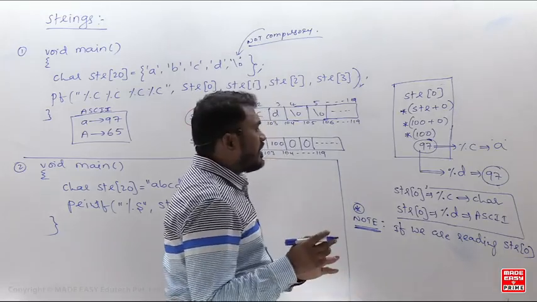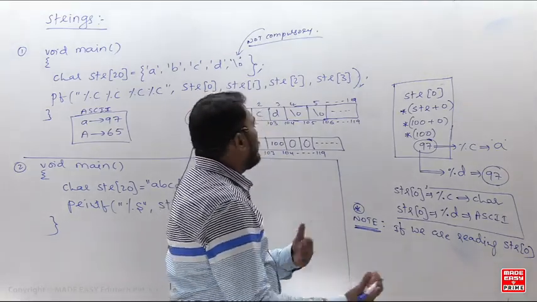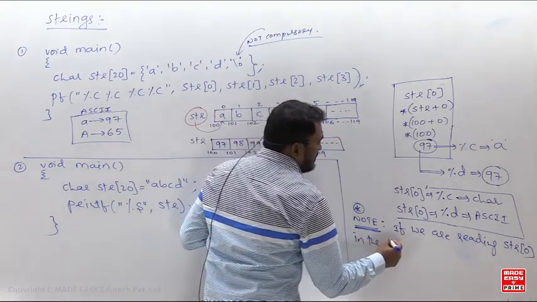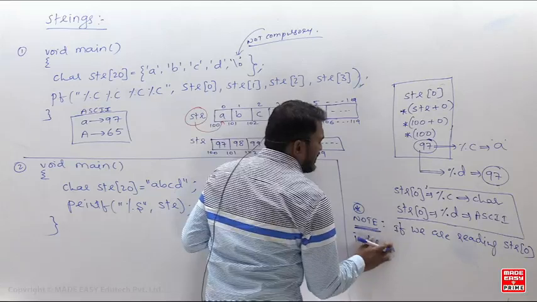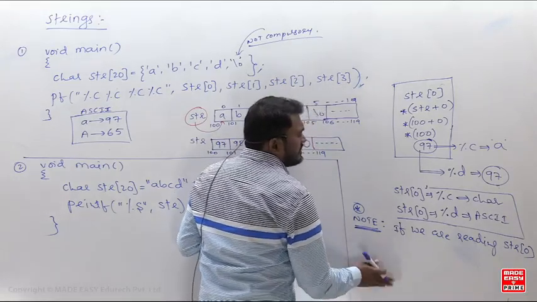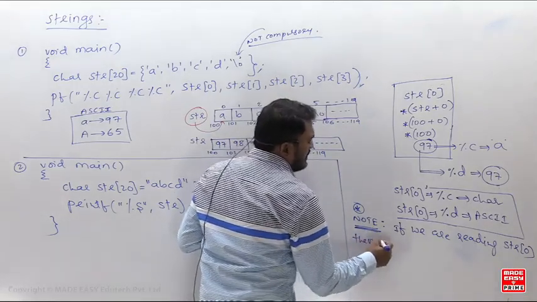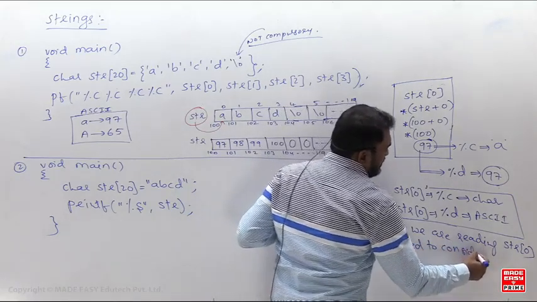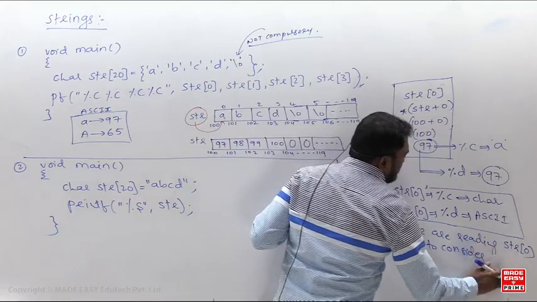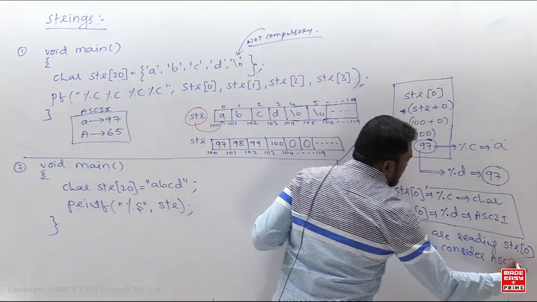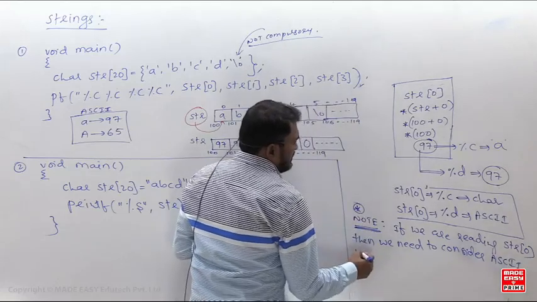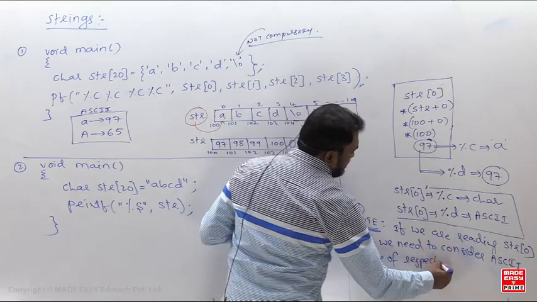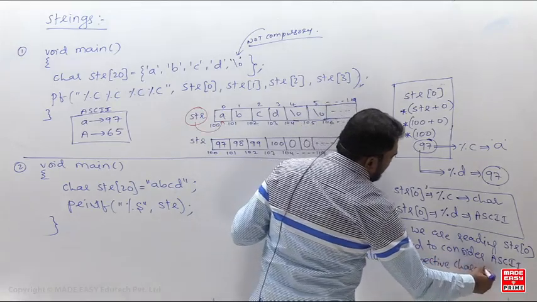Understand carefully, there is no confusion in printing. If you are reading str[0] in the question or in the expression, then we need to consider the ASCII value of the respective character.